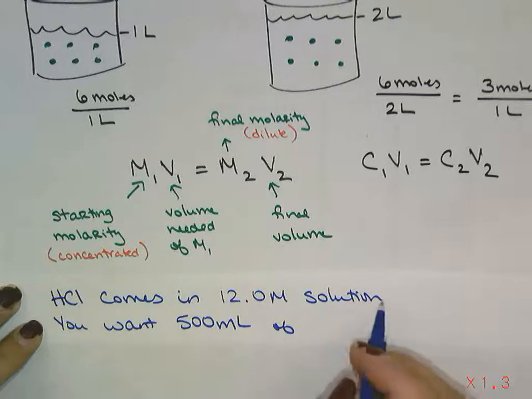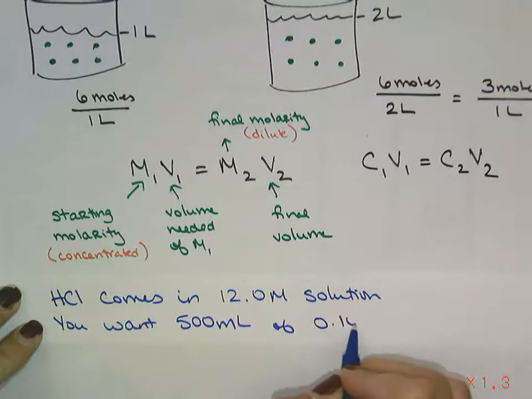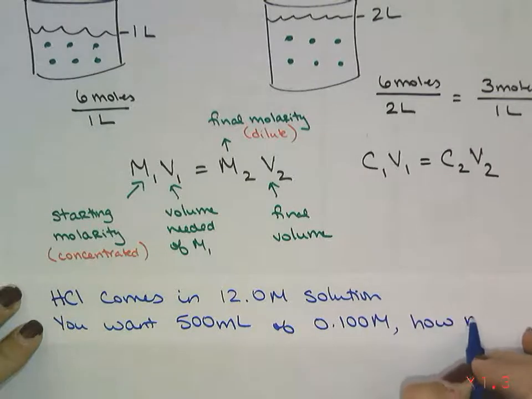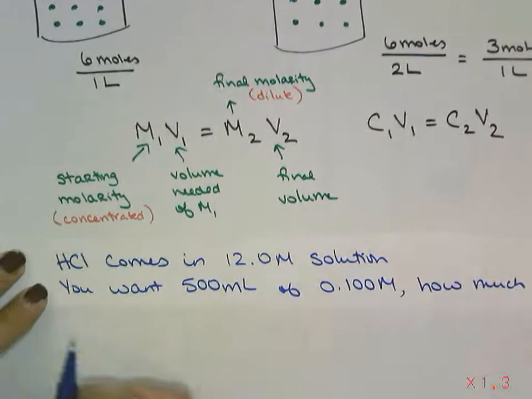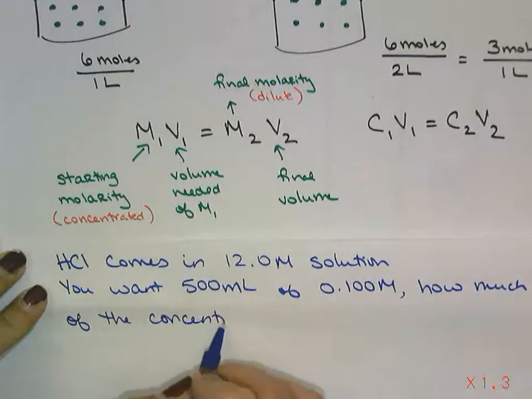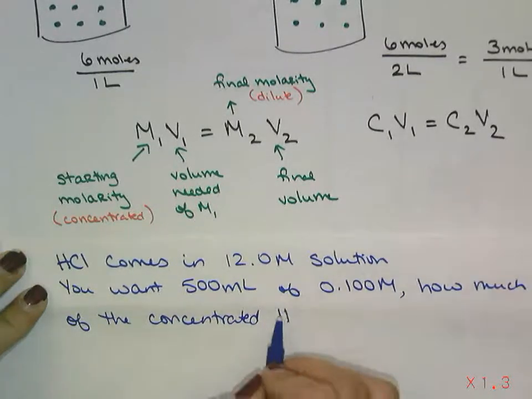You want 500 milliliters of 0.1 molar. How much of the concentrated HCl do you need?